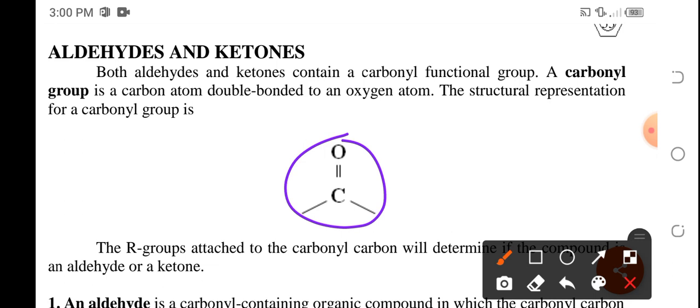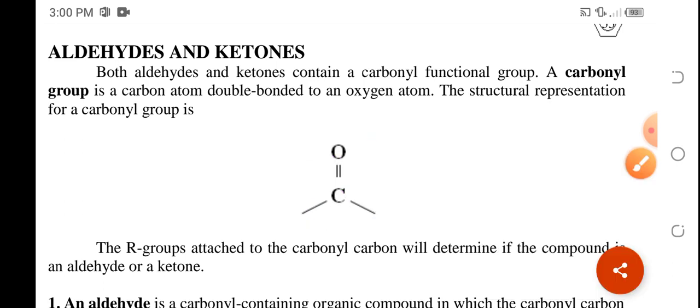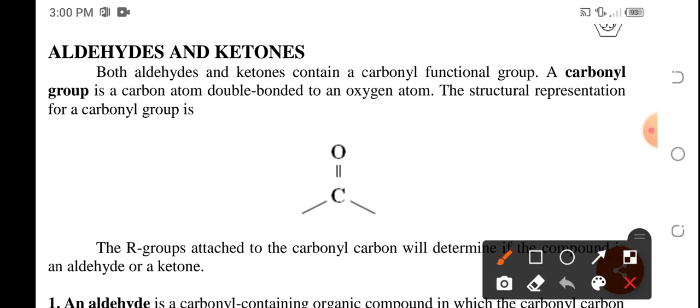The carbon atom should meet the 4-bond requirement, but it is already bonded with a double bond to the oxygen, so it should be attached to two other groups. For oxygen, it already meets the 2-bond requirement.